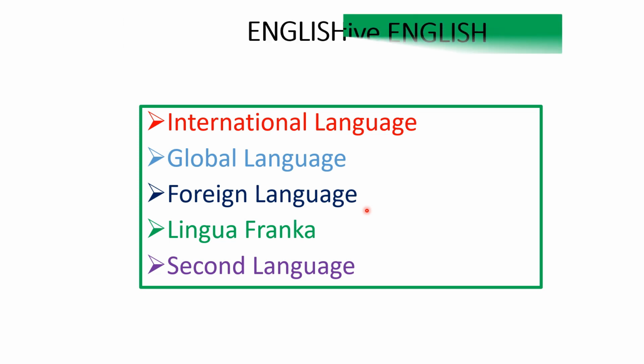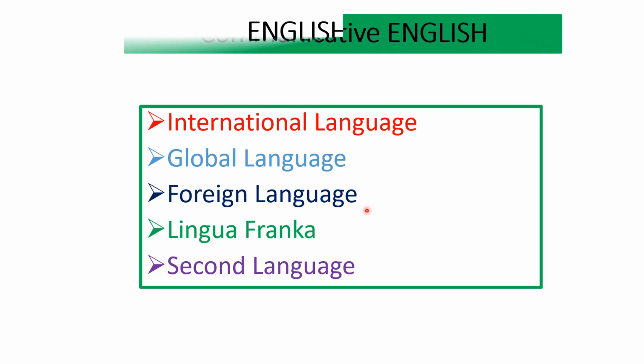So if you want to achieve the best job, higher salary, and if you want to achieve higher education, you know that all the class books, class materials, class contents of higher level classes are written in English. So without knowing English, you cannot be a best student.